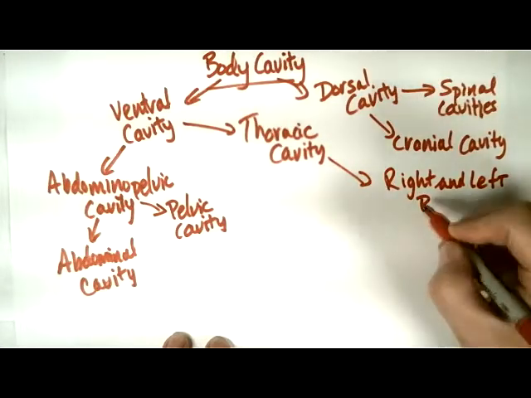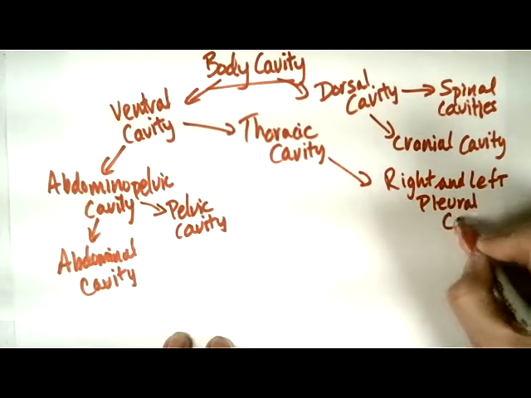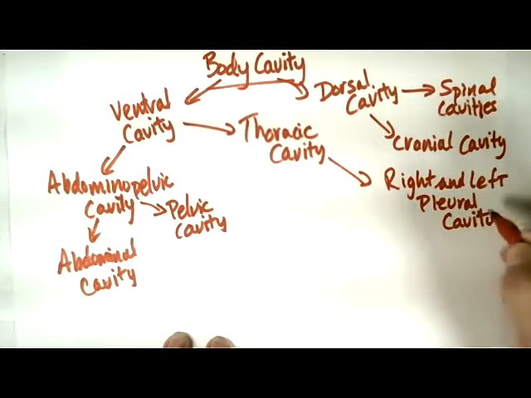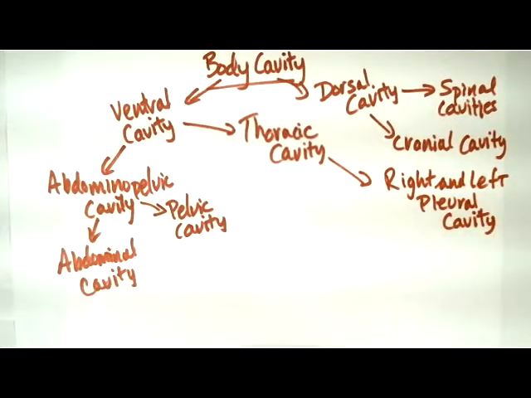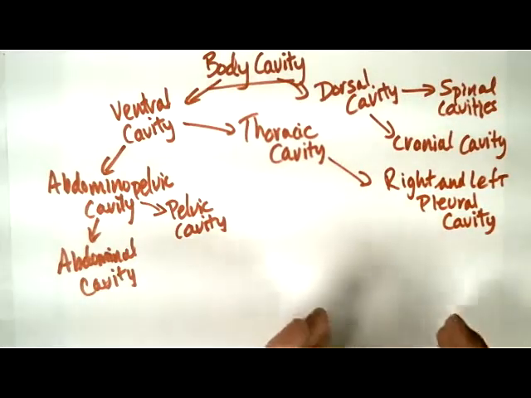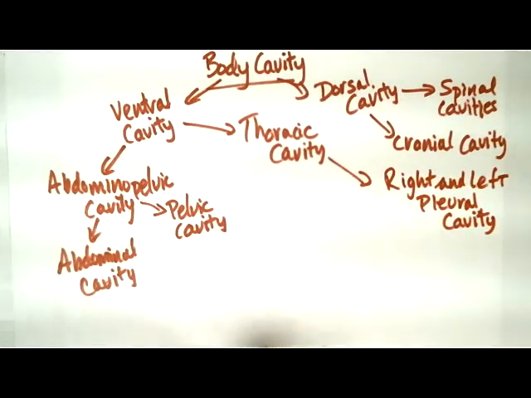So you could call that two different cavities, if you wish. Now, just as a hint, if you see the word pleural in this form, there's a good chance you're talking about the lungs, or structures associated with the lungs. So the right pleural cavity has the right lung. The left pleural cavity has the left lung.